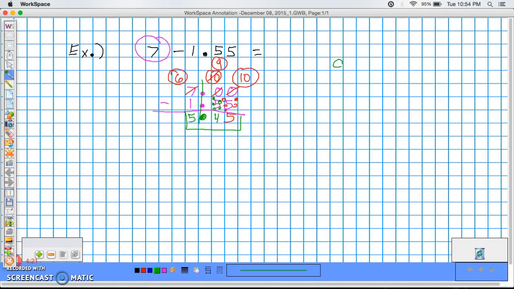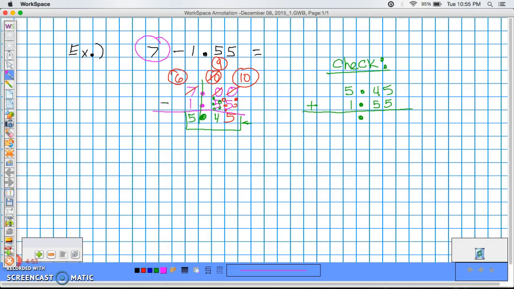Now again, we check our work real quick. The opposite of subtraction was addition, so let me go ahead and add. I'm going to get my difference, 5 and 45 hundredths, plus 1 and 55 hundredths. Again, use the graph paper and make sure that your place values are in order, your decimal points are in line, and any empty spaces you fill in with zeros.